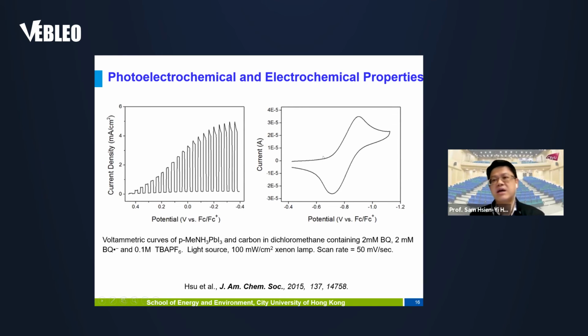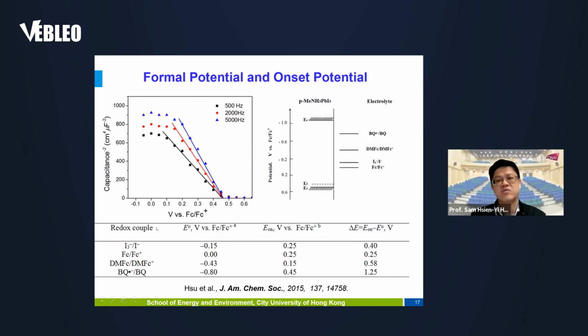And then we double confirmed the platinum counter electrode. It shows reversible and stable cyclic voltammetry. Therefore, we use the perovskite working electrode combined with the platinum counter electrode in the benzoquinone and radical anion to make perovskite-based liquid junction solar cells.